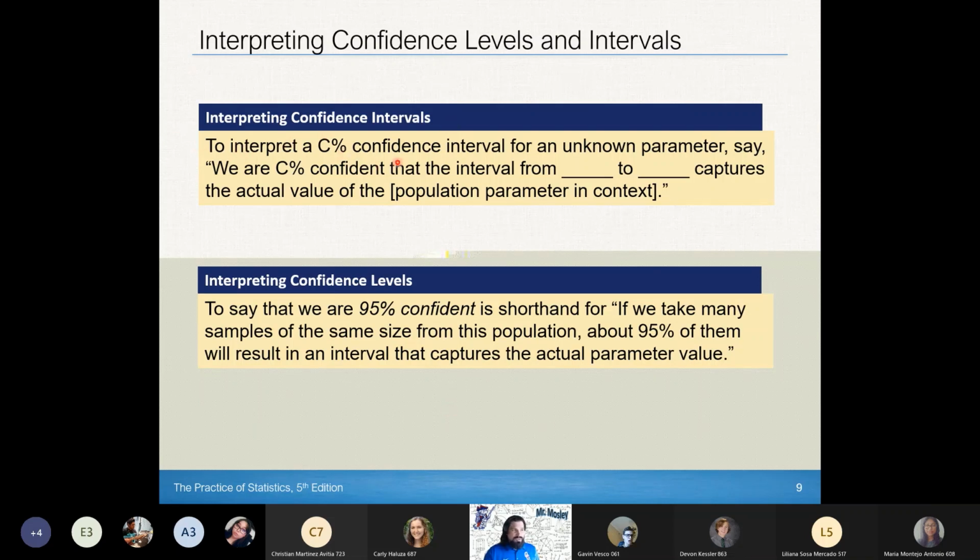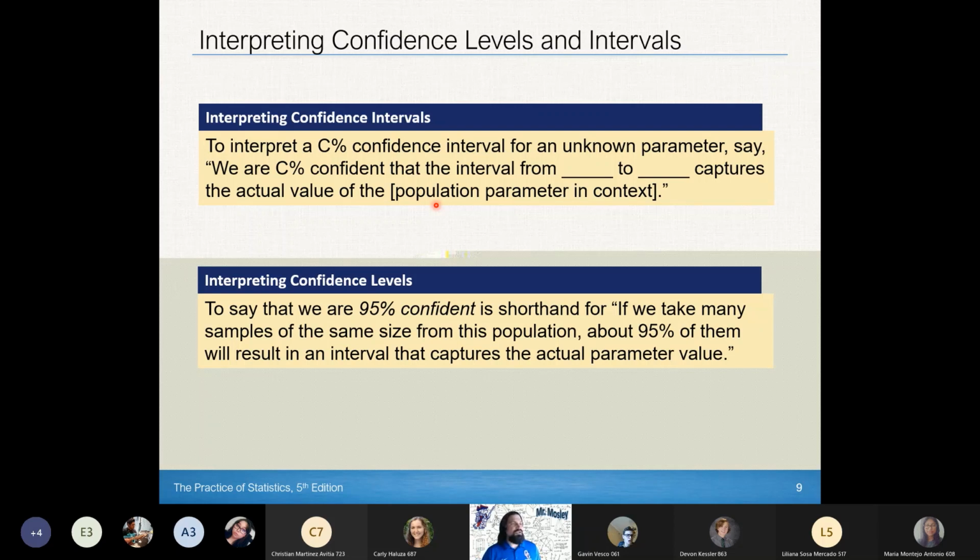To interpret a C% confidence interval for an unknown parameter, say we are C% confident that the interval from the lower bound to the upper bound captures the actual value of the population parameter in context. So then you would just copy whatever is going on. So we could say captures the actual value of the population mean of student heights.